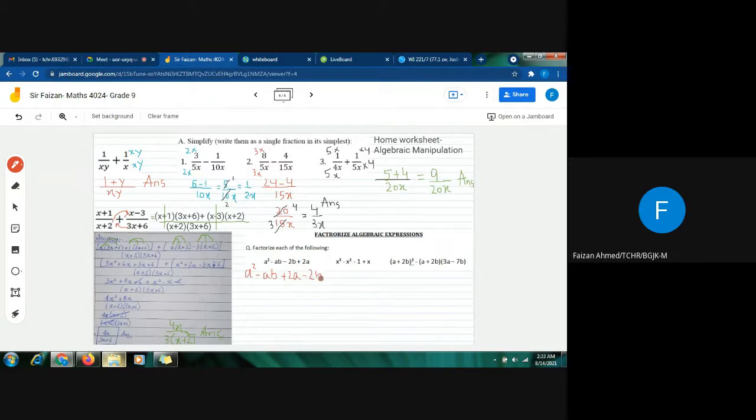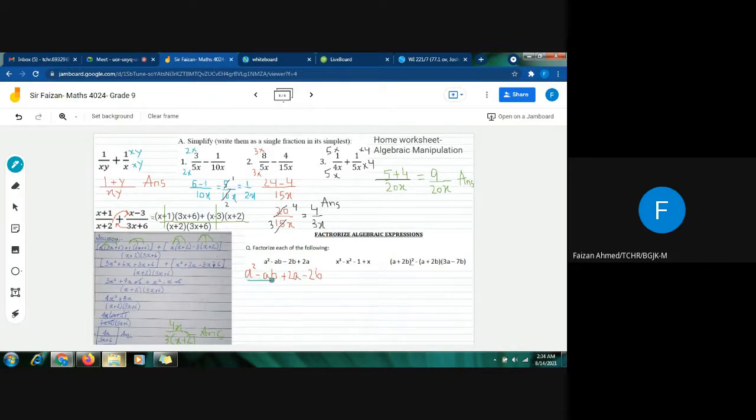If you are not arranging it and taking common, your answer can be right, but there can be some errors of sign. So I will recommend you to first arrange your question, so it will be easier for you to take something common.